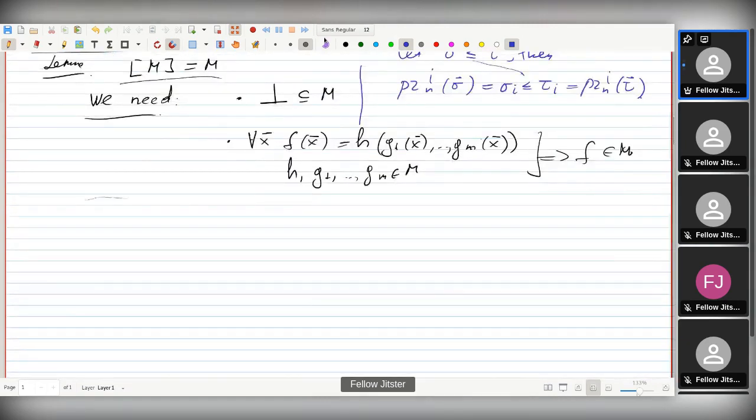And now, for superposition, as usual, we let sigma be less or equal than tau.